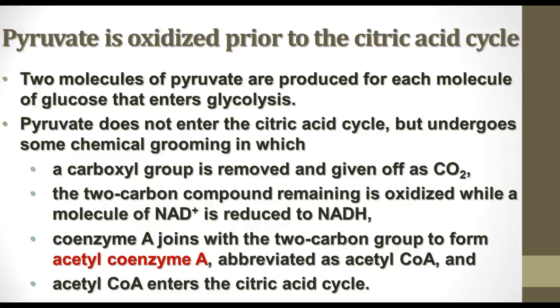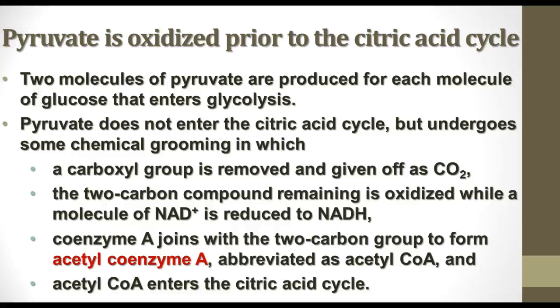The hydrogens and extra electrons are going to be transferred to NAD plus to make a molecule of NADH. And the 2 carbons that are left from the pyruvate are going to join with a molecule called coenzyme A. This is a cofactor that's going to form a molecule called acetyl-coenzyme A, which we abbreviate as acetyl-CoA.